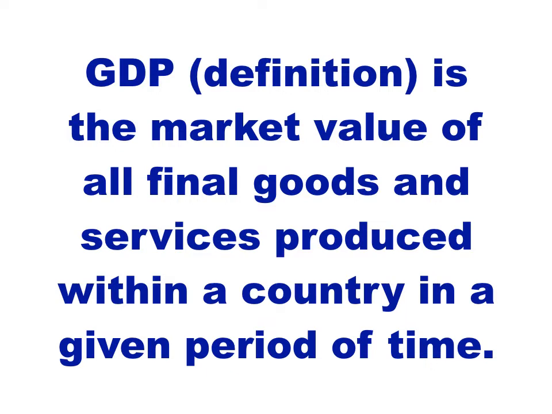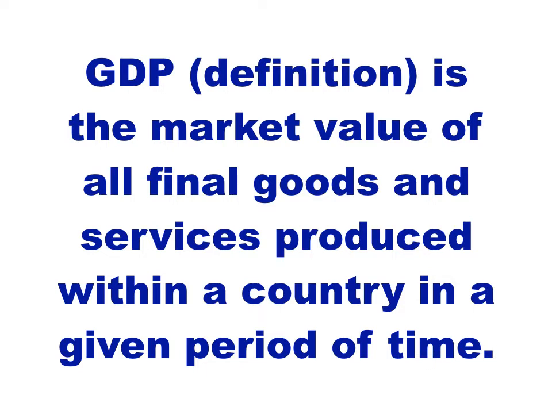It's measured in dollars per year. Whether we're talking about real GDP, measured in constant prices, or nominal GDP, measured in current prices, we are looking at some sort of units that are dollars per year.